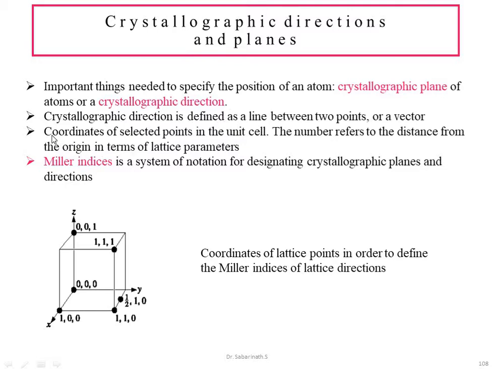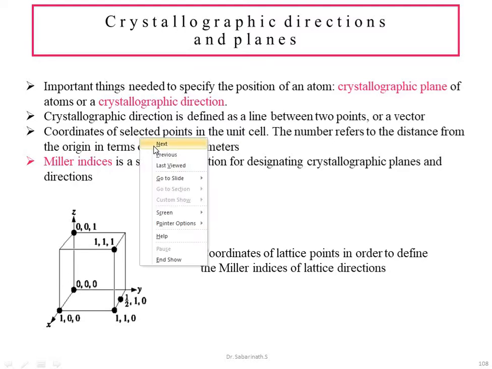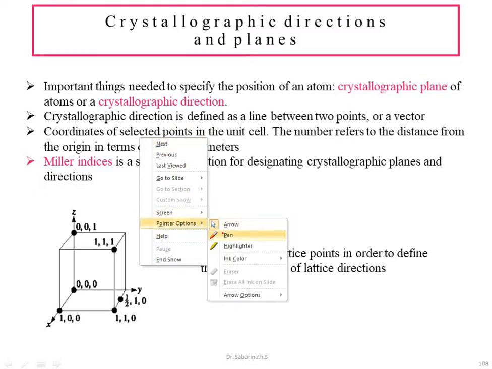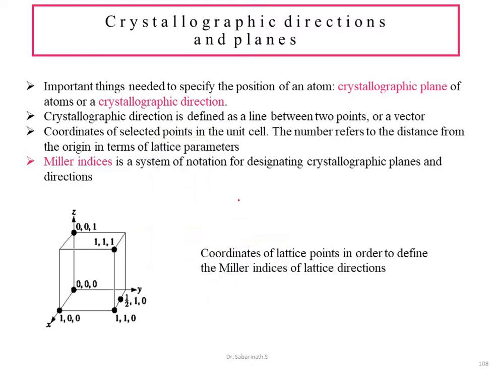So let us see what we mean by a crystallographic direction. The crystallographic direction is defined as a line between 2 points, or it can also be called a vector.